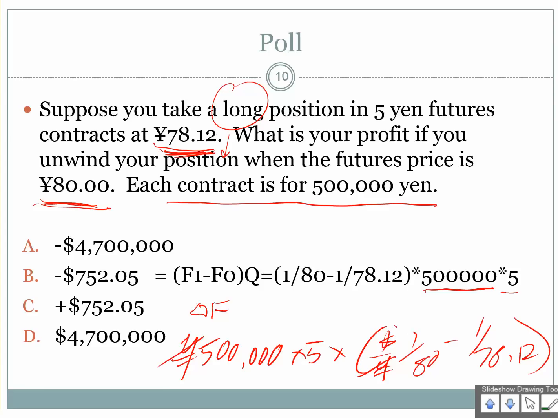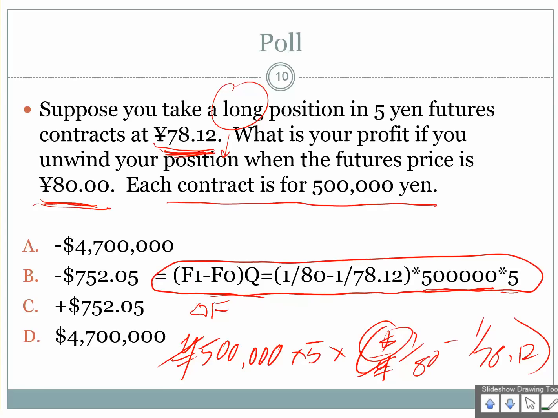So be careful when calculating payoffs and profits from indirect currency forwards and futures. This quantity is always going to be a quantity of foreign exchange. These values are always going to be dollar per foreign exchange.